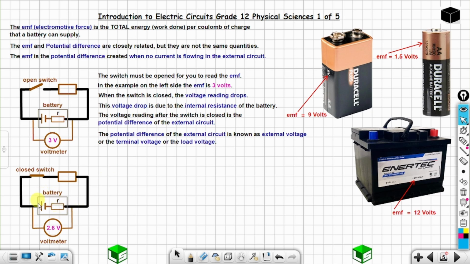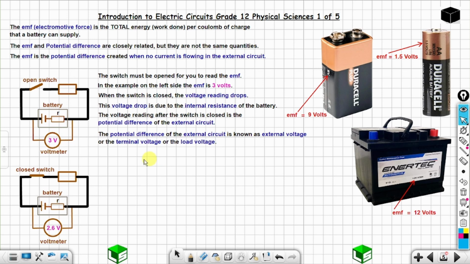Your initial point is inside the battery and your terminal point is outside the battery. Or load voltage: what is loaded to this battery? What is connected to this battery? So different terms can be used for the potential difference of the external circuit.